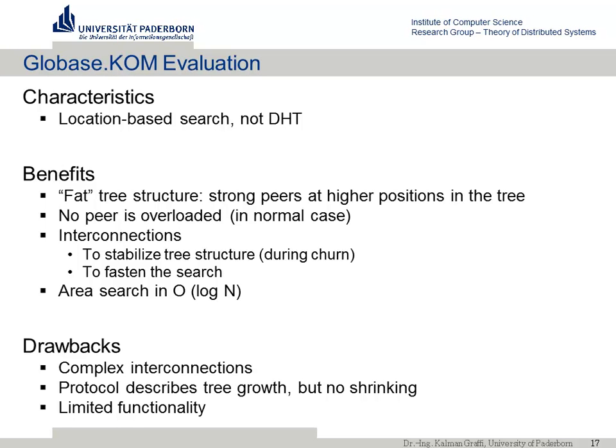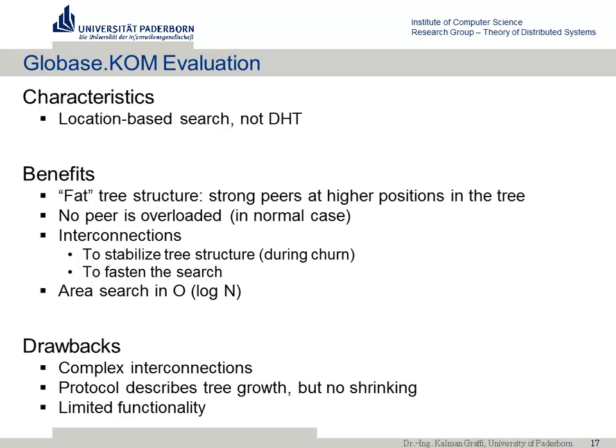And it's also not so well done, because the protocol describes how the tree grows, but it's somehow difficult to identify how to let it shrink, or which rectangular zones to relieve, and how to announce that you lost that rectangular zone. Although it seems somehow easy to be solved, it's still open.